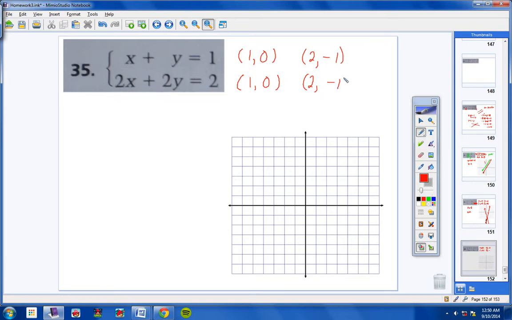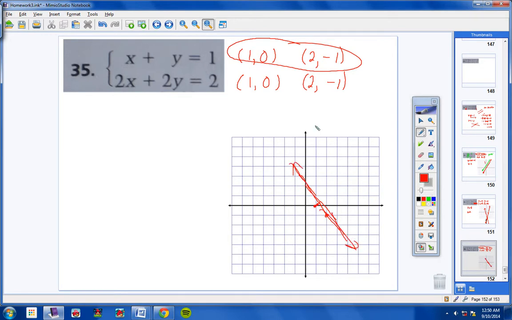So even though these two equations, this is so cool, even though these two equations are two totally different equations, notice they're getting out identical ordered pairs. So if I were to graph this top equation right here, I would go over to 1, 0, and then over 2 and down 1, and I draw that line. Well, students, think about it for a second.